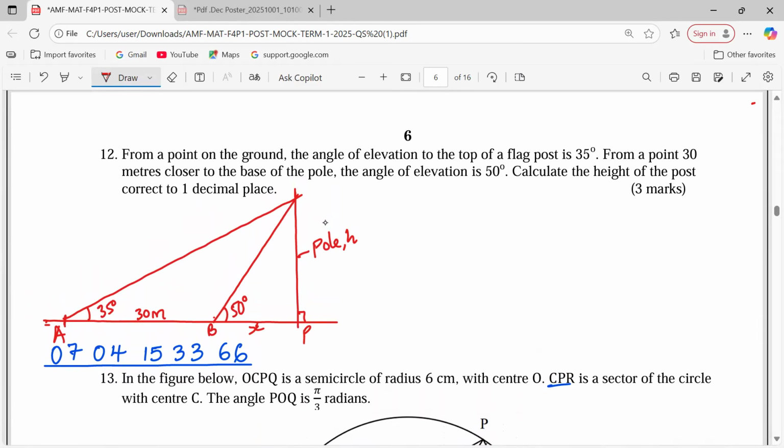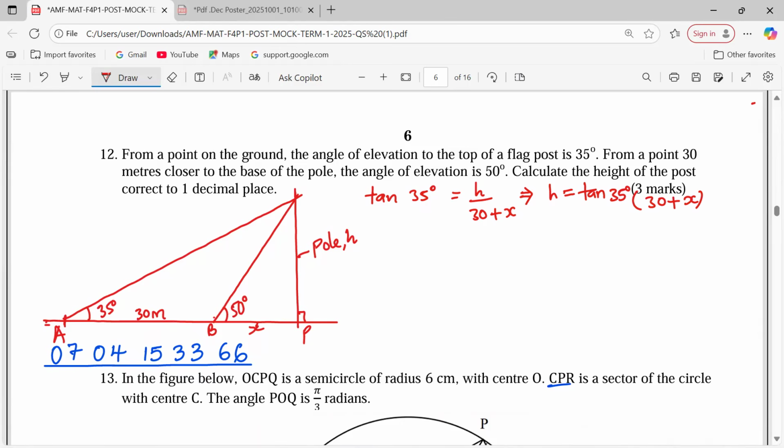We can apply tangent and say that tan of 35 degrees is given by opposite, which is h, out of the adjacent length, 30 plus x. From this, we can express h, and say that h will be given by tan 35 multiplied by 30 plus x.